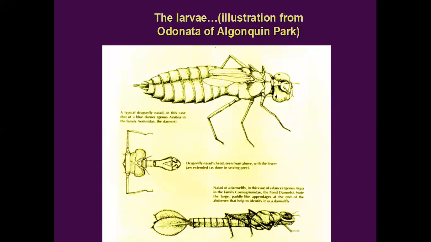So it's a pretty potent weapon to catch small insect larvae like mosquito larvae, black fly larvae, also prey up to and including the size of a tadpole or small fish, especially if the dragonfly larvae or damselfly larvae are larger themselves. So that lower lip is a killer.